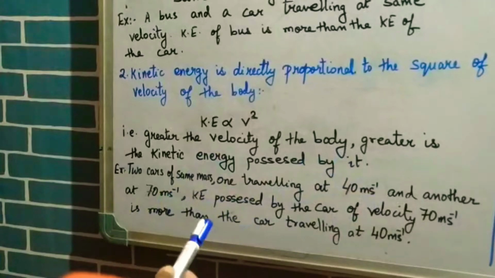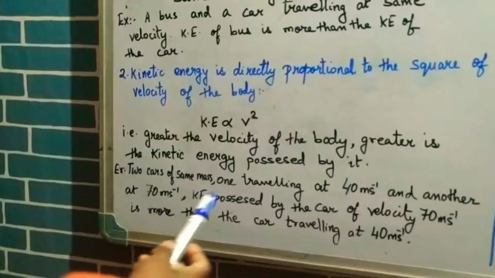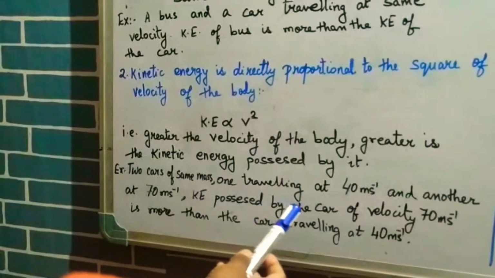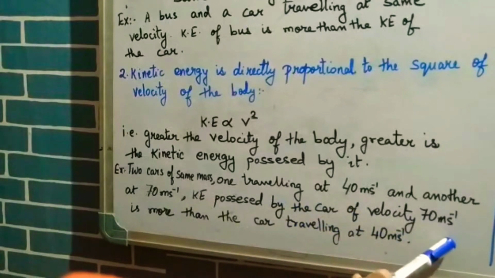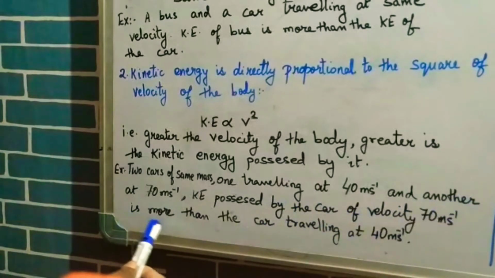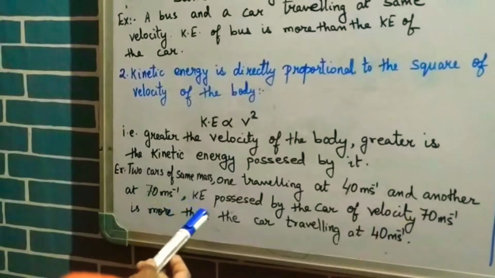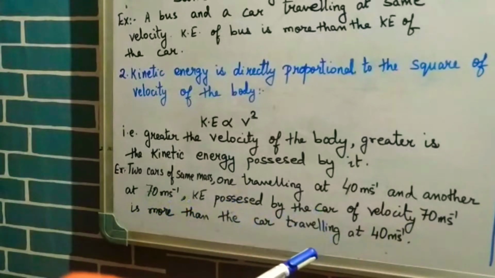Depending upon the velocity of the two bodies, the kinetic energy possessed by the car of velocity 70 meter per second is more than the car traveling at 40 meter per second. Because the velocity is more, the kinetic energy possessed by that body is more. So two cars, though of the same brand, if they have different velocities, will have different kinetic energy.